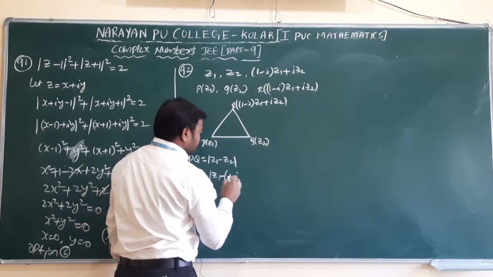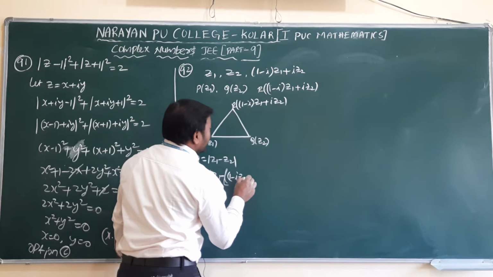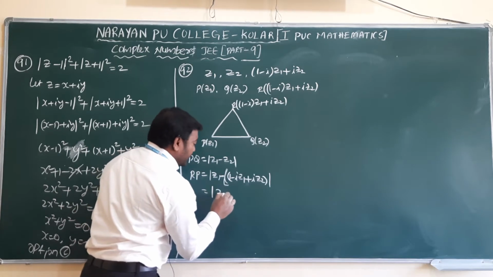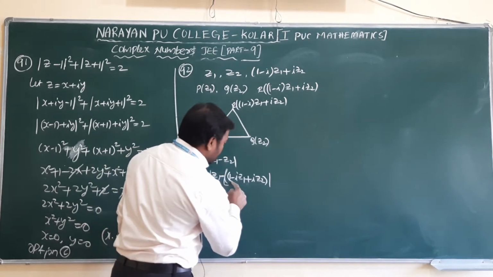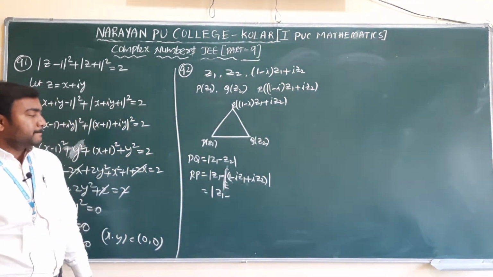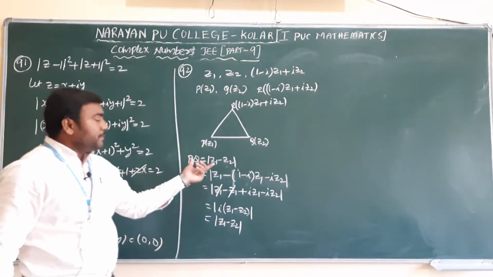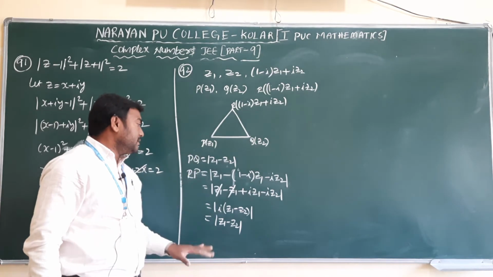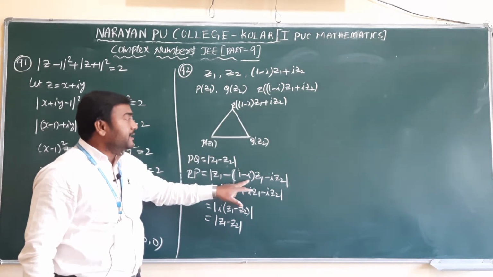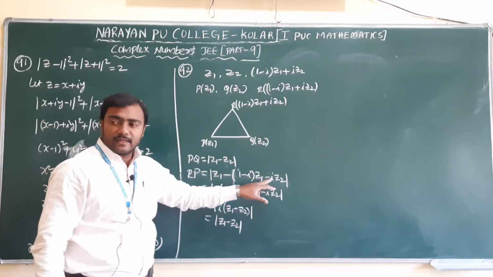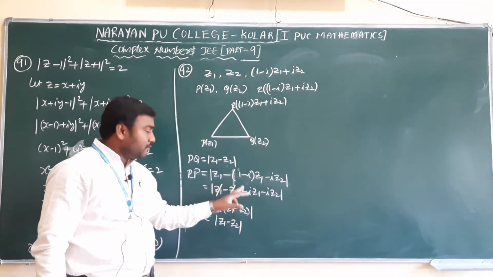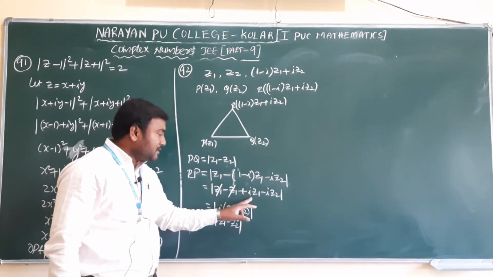So PQ is equal to modulus of z1 minus z2, but RP is modulus of z1 minus 1 minus i into z1 plus i z2, that is, z1 minus z1 plus i z1 minus i z2.